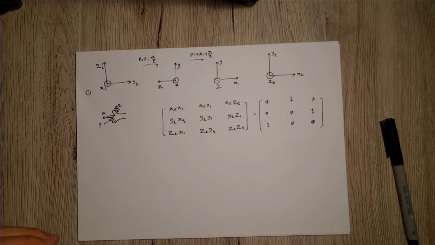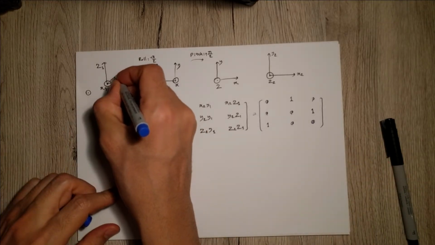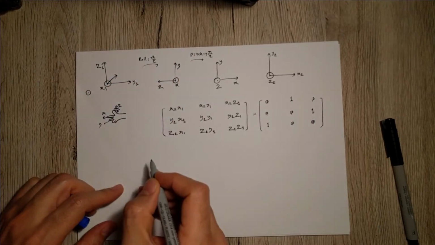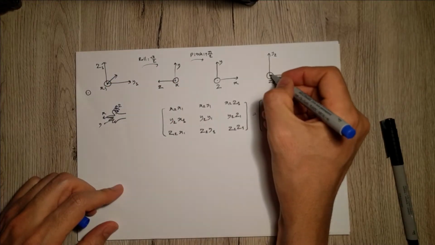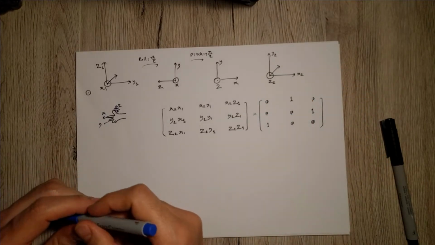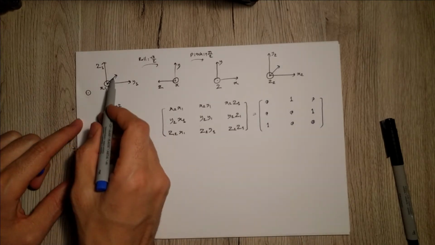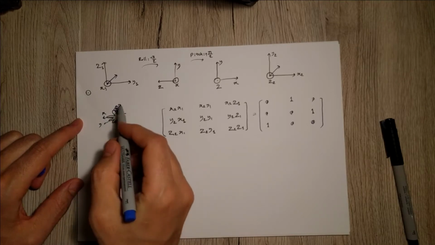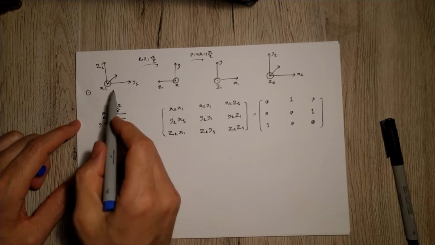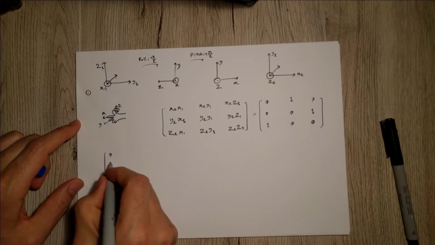Now let's check this matrix. Let's say we have a vector in this frame, and we'd like to see what this matrix gives us. I will write the pose of this vector in this frame. As you can see, we have only y and z, and x is 0, so it's 0, 1, 1.